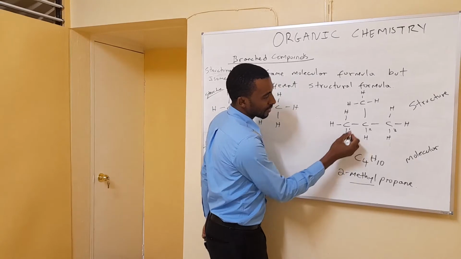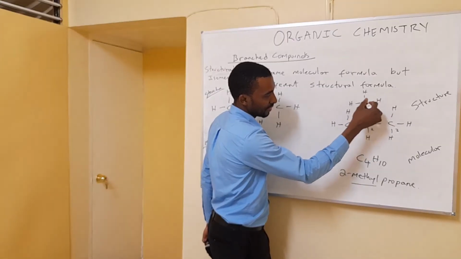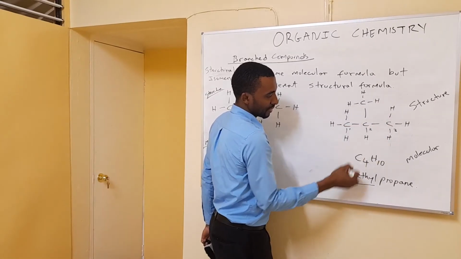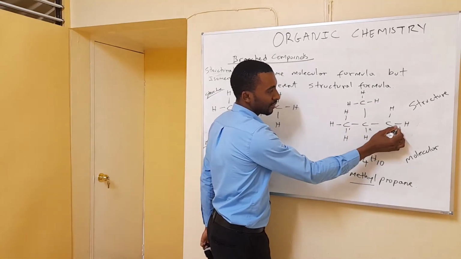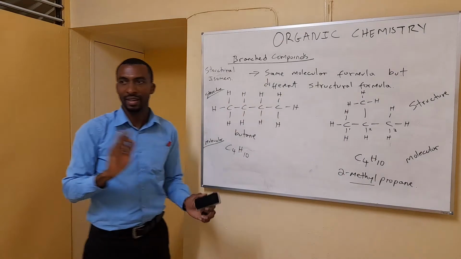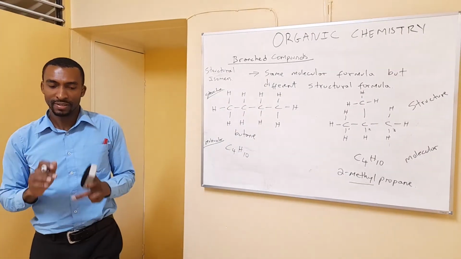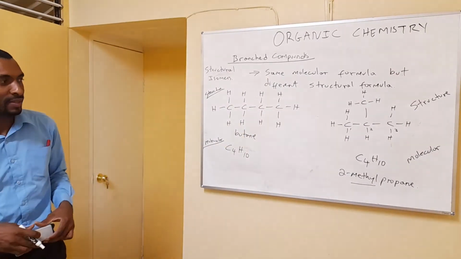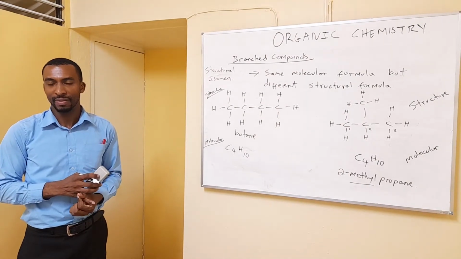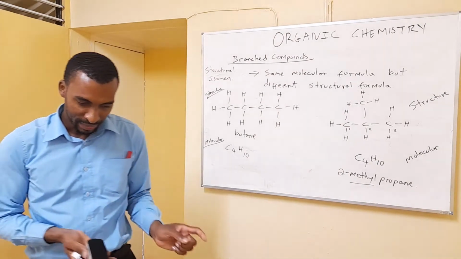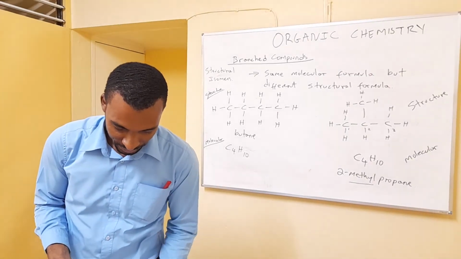So this 2 here is coming from the branch being on carbon number 2. So it is 2-methylpropane, as in 3 carbon atoms is the longest chain. Those are things that we're going to discuss as we go along, but I'm going to use some more complex examples so you'll get the concept. Clear? Remember that you have to read about naming compounds, alright?